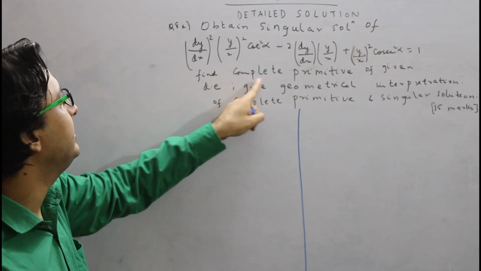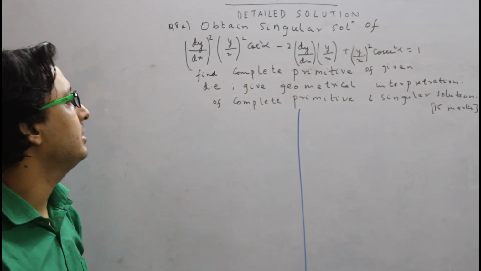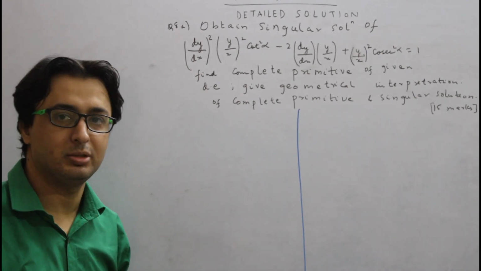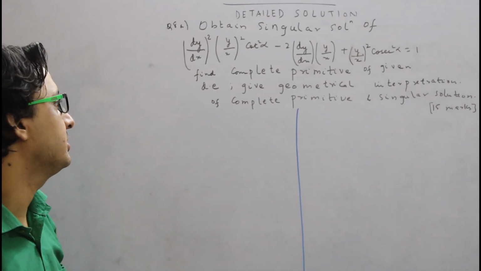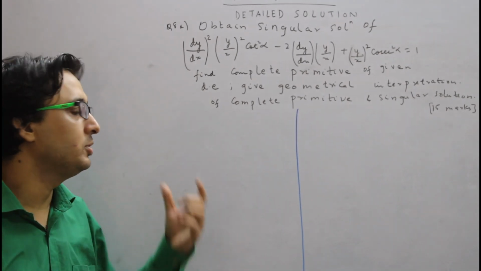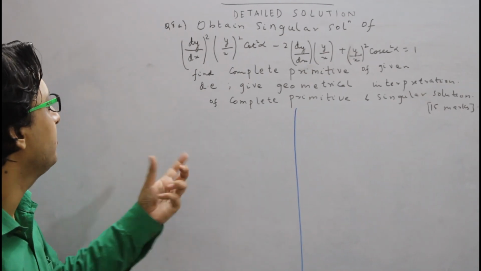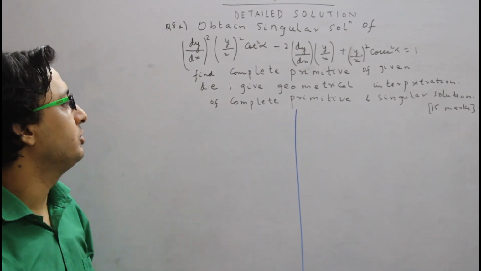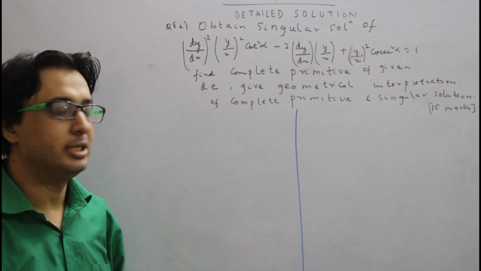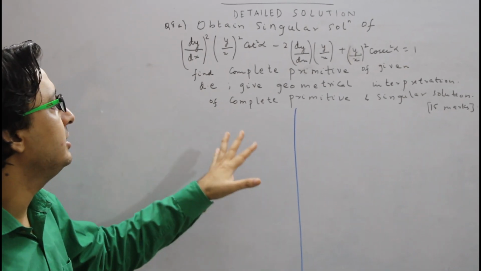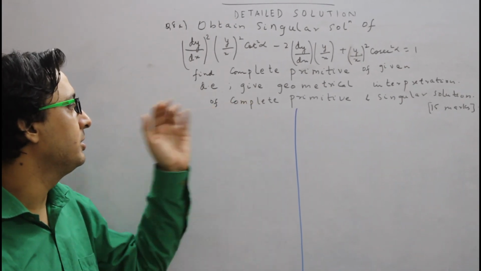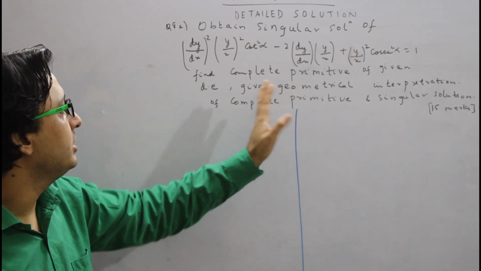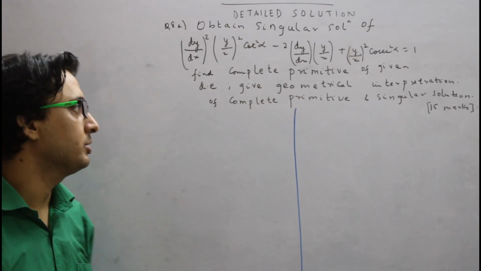We have to find the complete primitive of the given differential equation and also give the geometrical interpretation of the complete primitive and singular solution. So how do we go about this question? First of all, we have to find the general solution and also the singular solution, and also find the geometrical interpretation of the singular solution as well as the general solution.